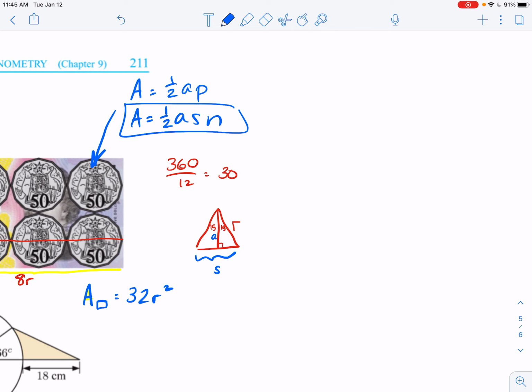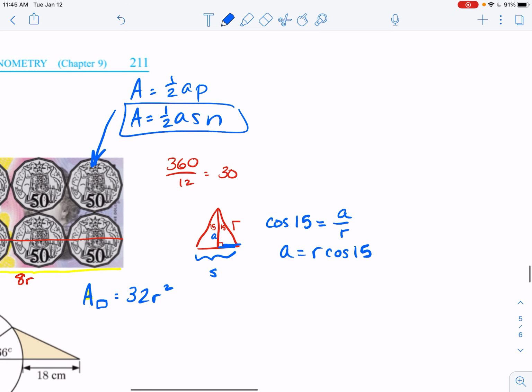Cosine of 15 degrees is equal to A over R, so my A value is R cosine 15. This whole thing is S, so that little piece is S over 2.